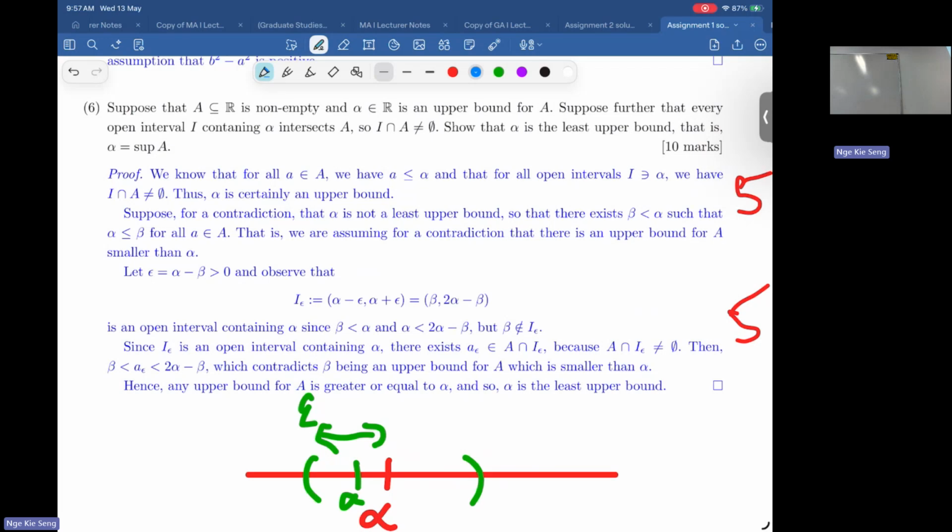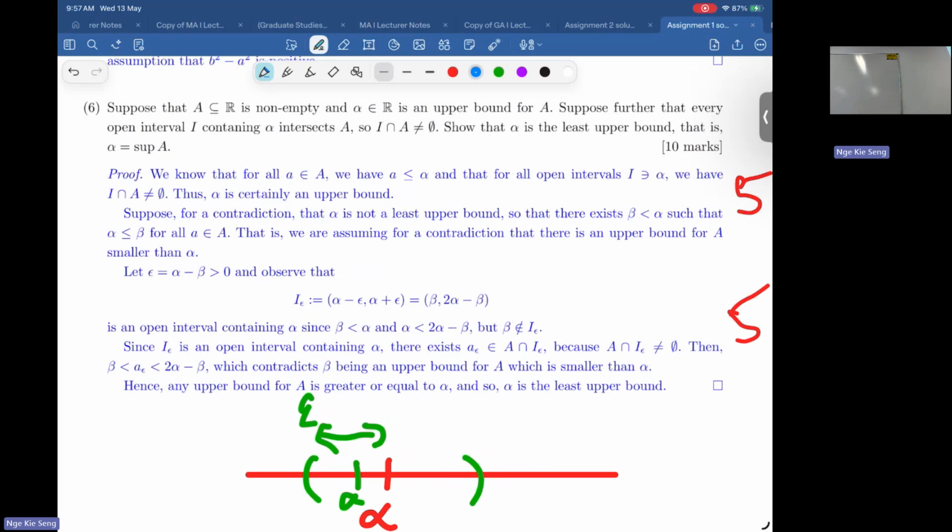So what's the picture here? You need to draw your subset. Suppose that A is not empty and alpha is an upper bound for A. Suppose further that every open interval I containing alpha intersects A in a non-empty set, show that alpha is a least upper bound. Do you know what this means?